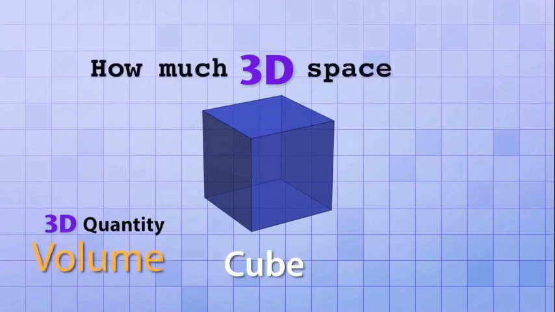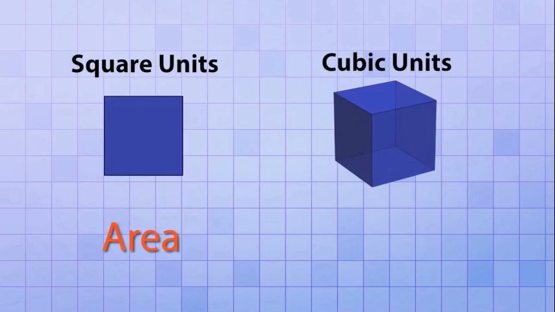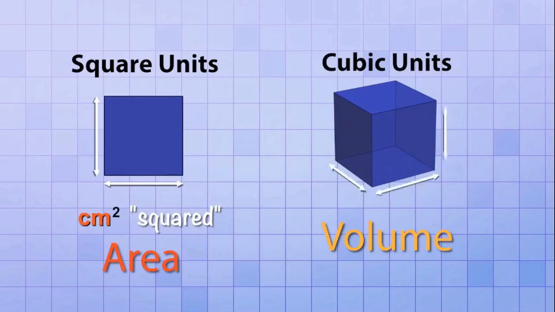That is, how much space a 3D object is occupying is called the volume. Now square units are for area, cubic units are for volume. The area has two dimensions, the length and the breadth, represented by centimeter, which means centimeter square. For example, we are just taking the unit centimeter here, and here we have three dimensions, length, breadth and height.